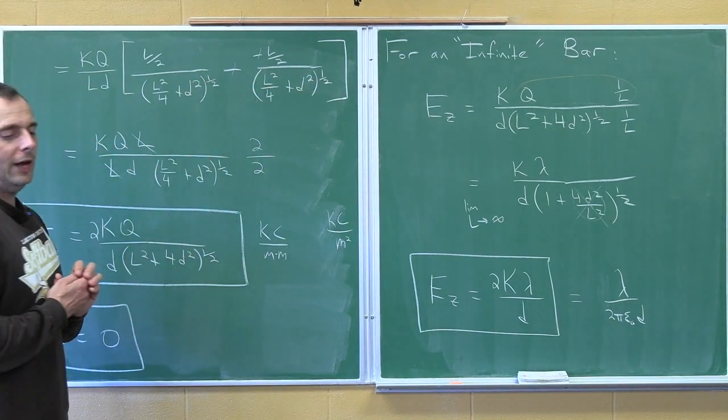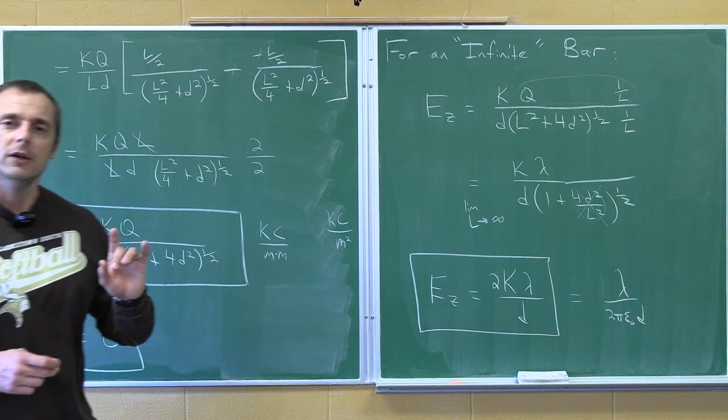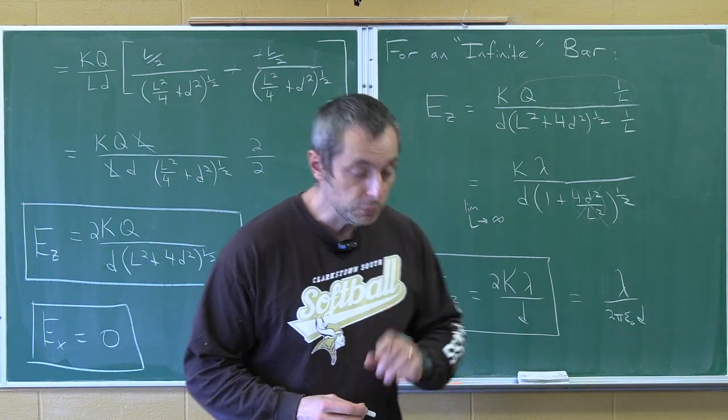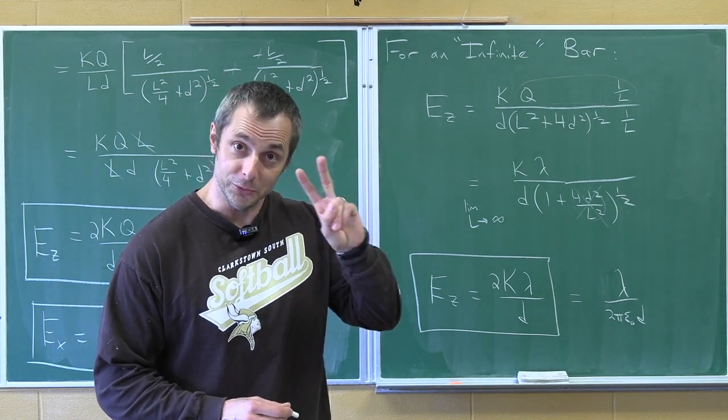Well, we're not done. We're going to look at a couple more situations where we can find the electric field for a charge bar. So let's move on to charge bar 2, okay?